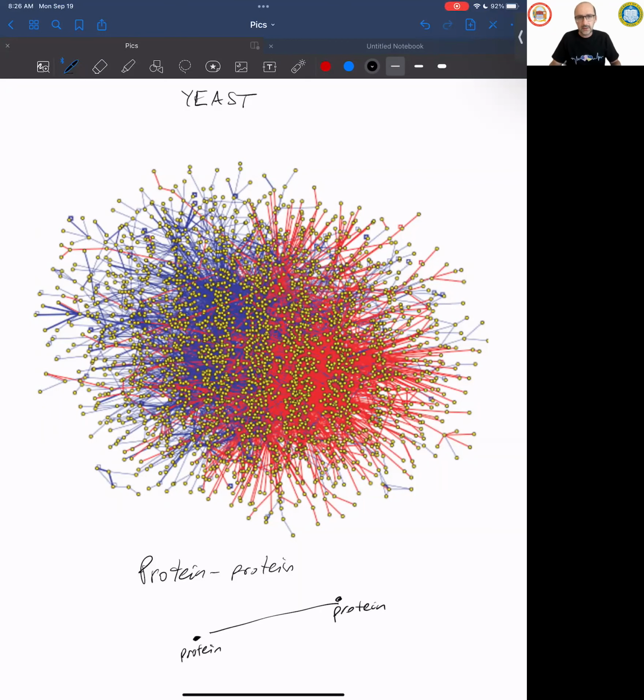Or more generally, signaling networks in biology, where different biochemical substances, proteins in particular, but not only, hormones, for example, send signals. Like start digestion, go to sleep, wake up, lose your hair, whatever. So these hormones talk to each other, and they form a very complicated system, which is important to understand, even in one cell, because that's how we understand how a cell works.